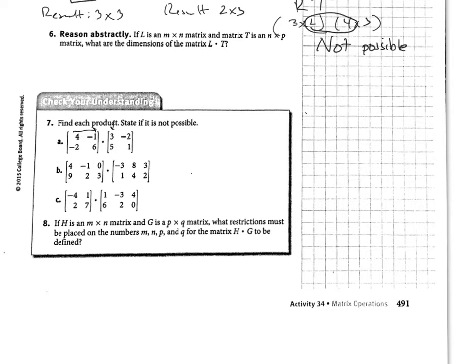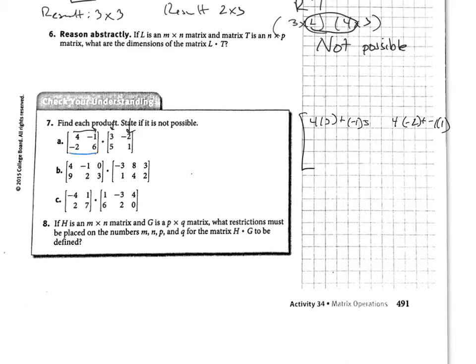So I'm going to put it over here. So we're going to have 4 times 3 plus -1 times 5, because we got to go down. Then in the upper right-hand corner, we're still on that going across. So 4 times, now we're going to go down the second one, 4 times -2 plus -1 times 1.